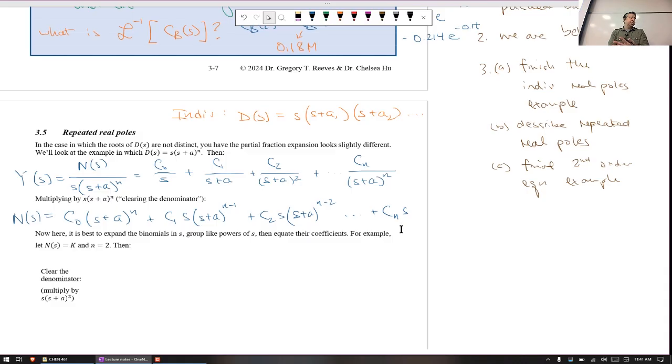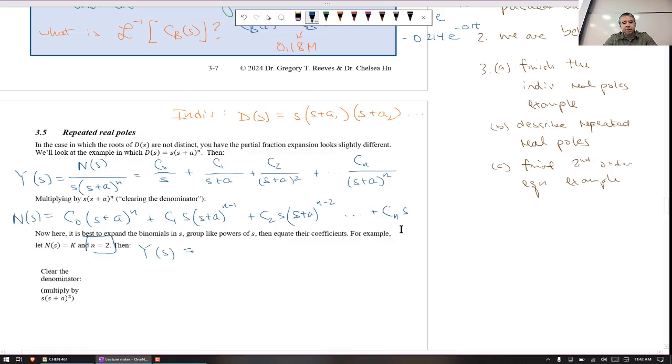And the way to do it is to expand out all these binomials and group everything into like powers of s. So I don't want to expand out s plus a to the nth power. Let's just say that n equals 2, so that it's the simplest example. And I'm going to say my numerator is some constant k.